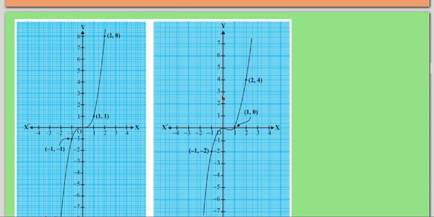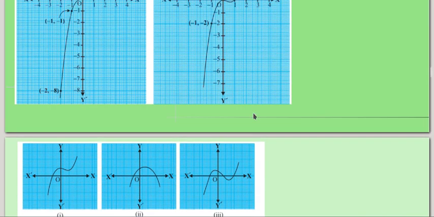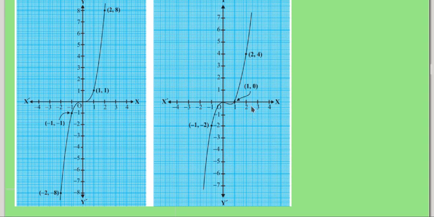In the same way, this is also the graph of a cubic polynomial. Here it is crossing the x-axis at only one place. In this graph, it is meeting the x-axis at two different places. So the graph of a cubic polynomial may cross the x-axis at 1 place, 2 places, or 3 places at the maximum.